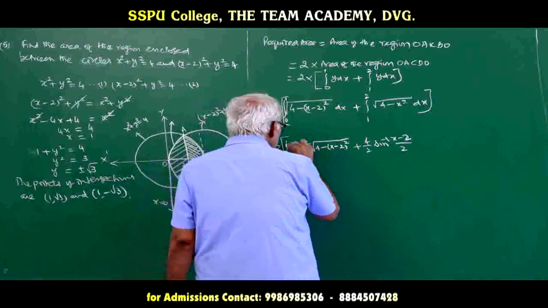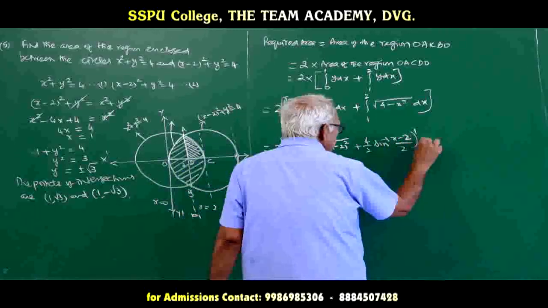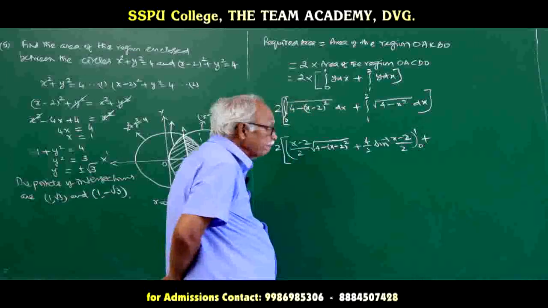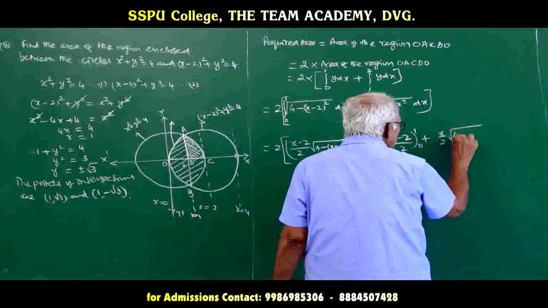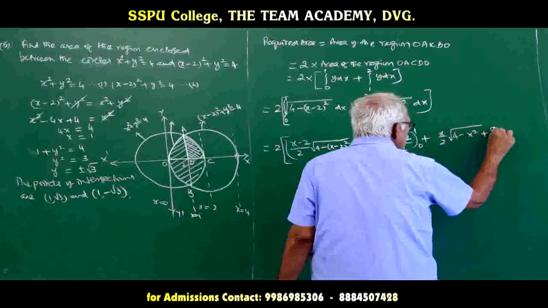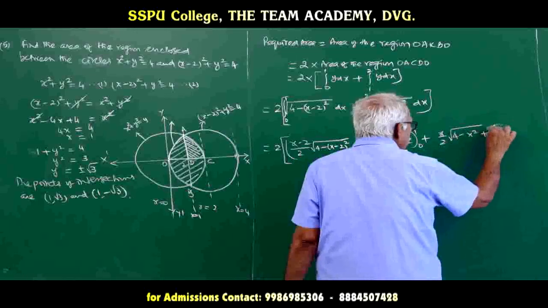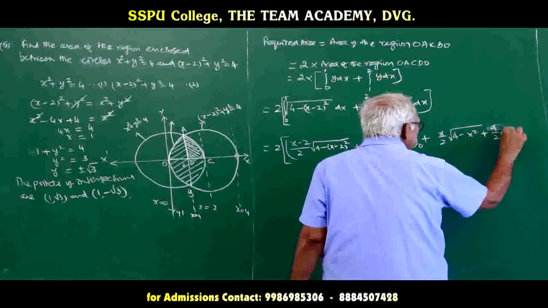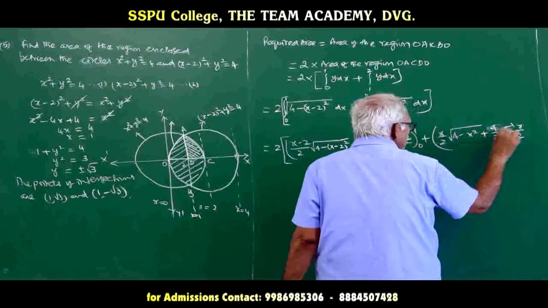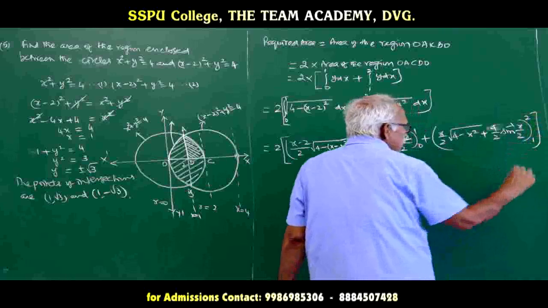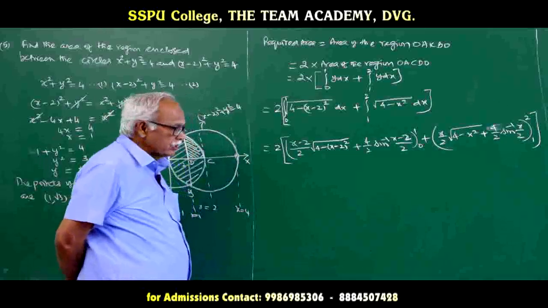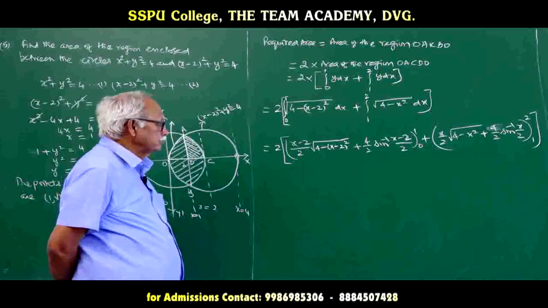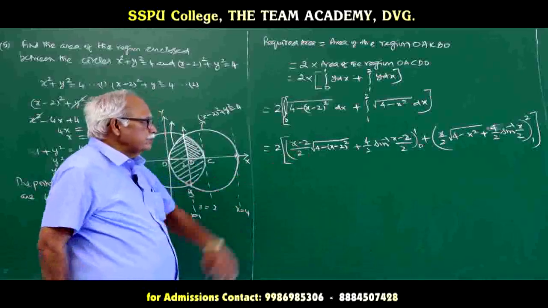For this it is 0 to 1 plus, for the second integral you see x by 2 square root of 4 minus x square plus a square by 2 sin inverse of x by 2, but the limits are different. Close the bracket, because entire this one 2 times we have to calculate, 2 into 2 multiplied by.